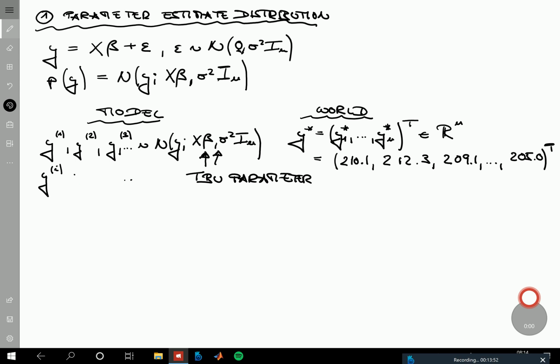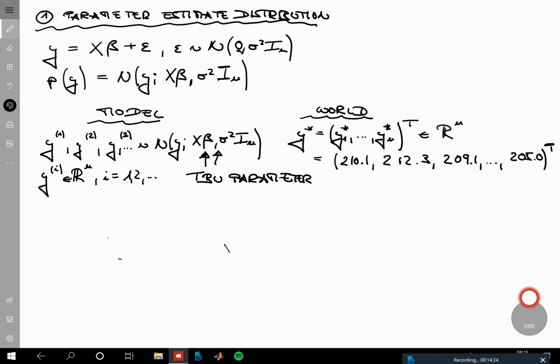These are not individual single values, but vectors, and our i here goes 1, 2, and so on. So if you think about implementing this in a computer, you would use a multivariate Gaussian random number generator, set some beta parameter value, set some variance parameter value, have a design matrix, and then draw random realizations from this distribution.